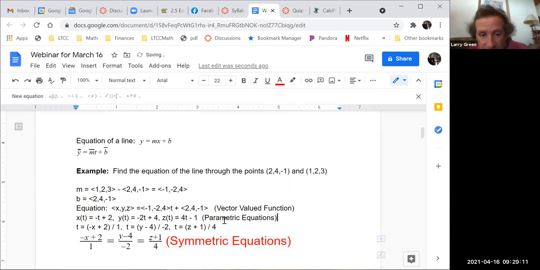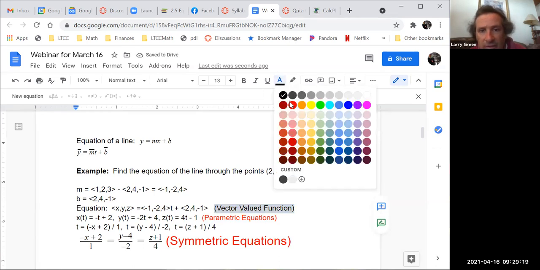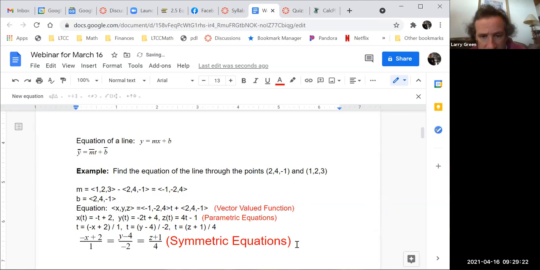So let's put these 3 in red because they're important. But it's way too big.